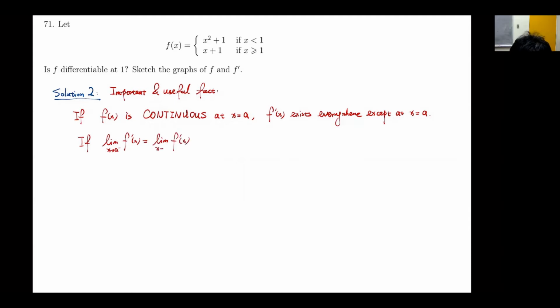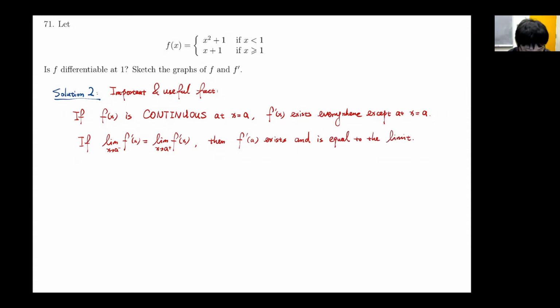If these two limits are the same, then you can conclude that f prime of a exists. Moreover, it is equal to the limit.